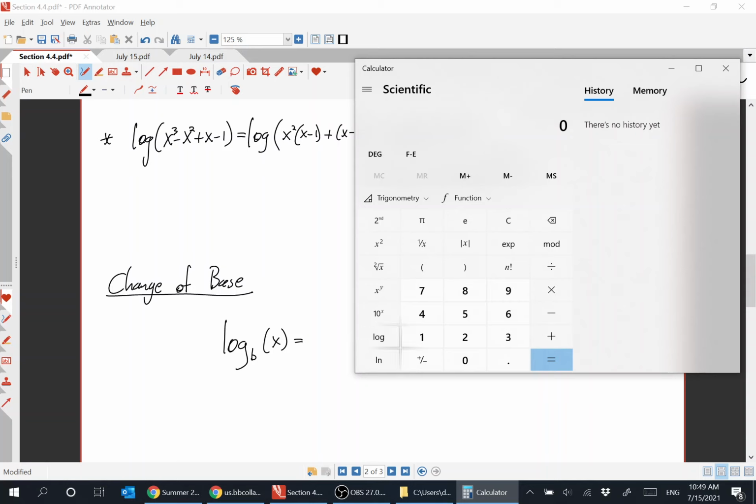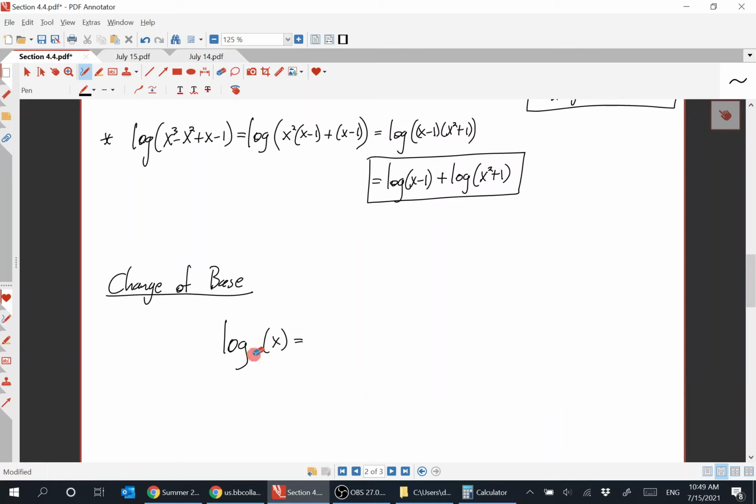Or maybe you have log base 2 on there, or in some weird models you might have log base b for whatever b you want. But the log base b of x is essentially the log of x over the log of 10, where this is the log base 10.